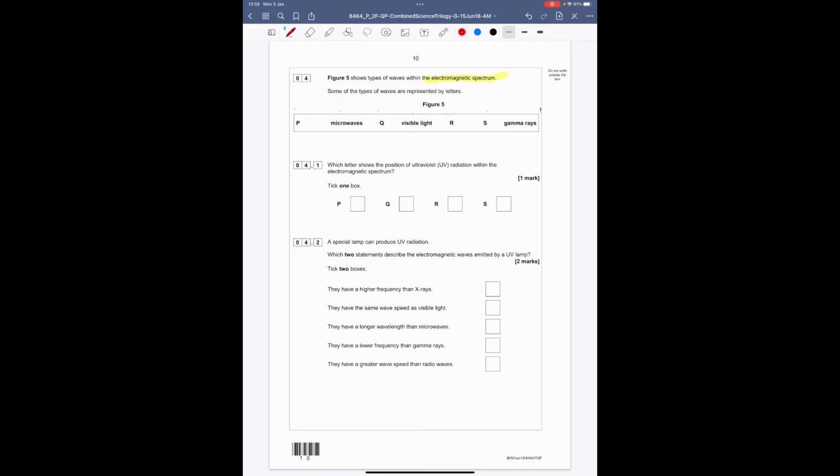Now, before I even begin, if I know my electromagnetic spectrum, I could just fill it in using what I know. So I should know that gamma rays is when you've got really, really high frequency waves, okay, and a small wavelength, and then slowly they get longer and longer, going down to a lower frequency.